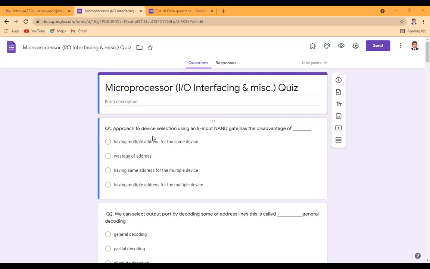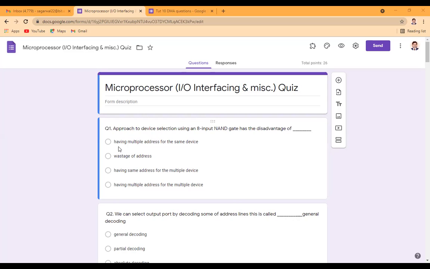As you have seen, there are two ways by which a device can be selected by connecting the address lines. One is through a NAND gate and another is through a decoder circuit. So what kind of disadvantages will we get by using the NAND gate?